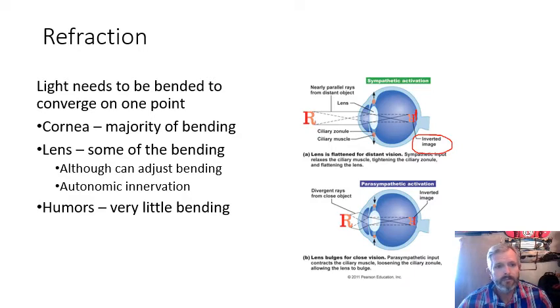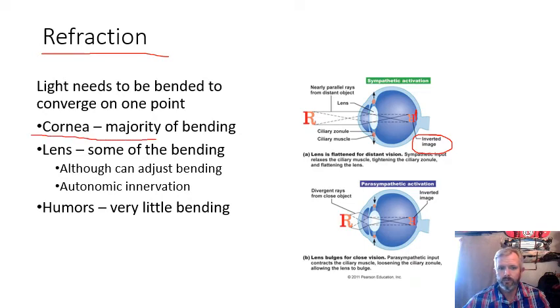Okay, but what structures of the eye cause refraction? Right, the majority of the bending is controlled by that outer clear portion of your eyeball, the cornea. The key with the cornea, though, is we can't change its shape.